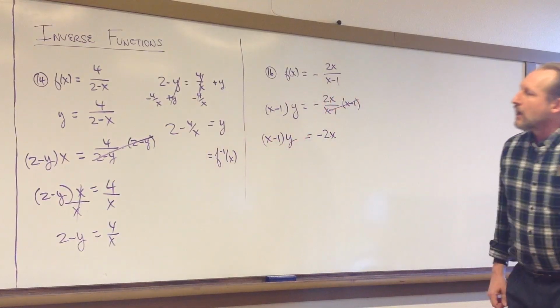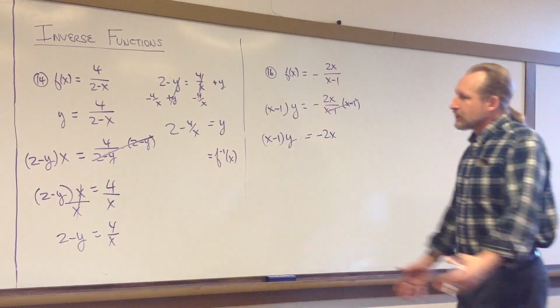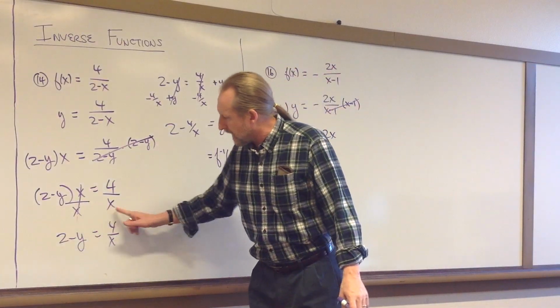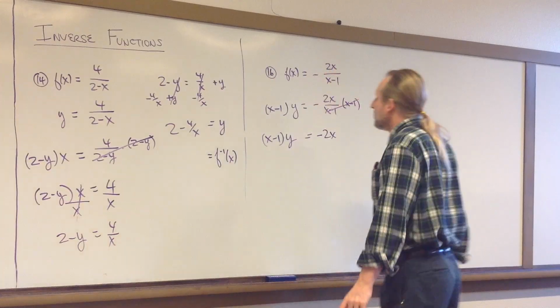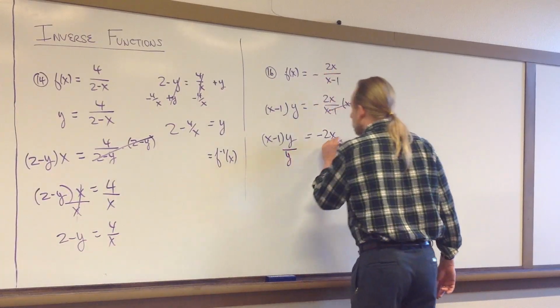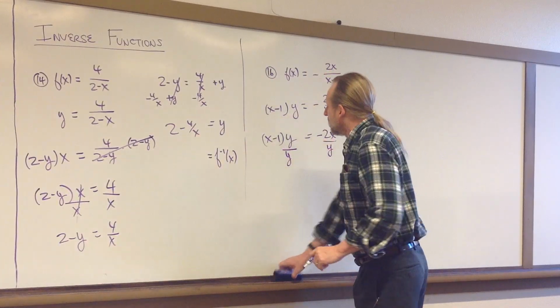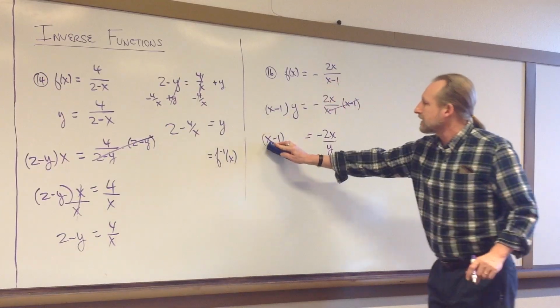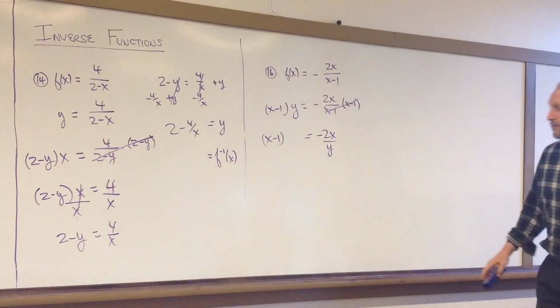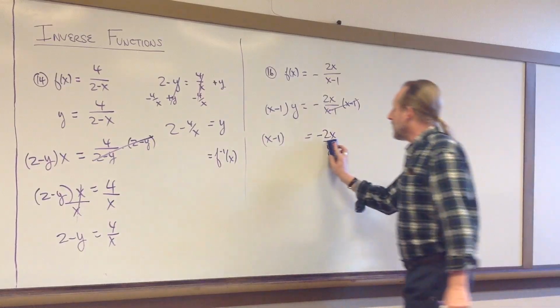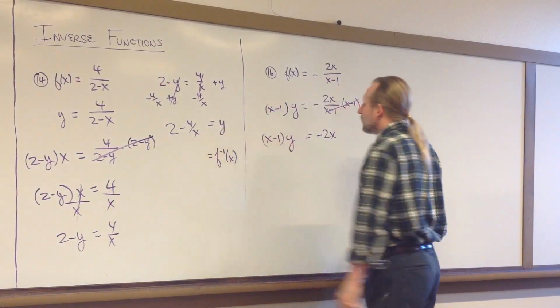Now, in the last couple problems at this point, I've divided on both sides by this variable right here. But if I do that, that's not really going to be helpful. That's not going to help me get this x and this x together. Okay? So let's back up, go back to where we were.